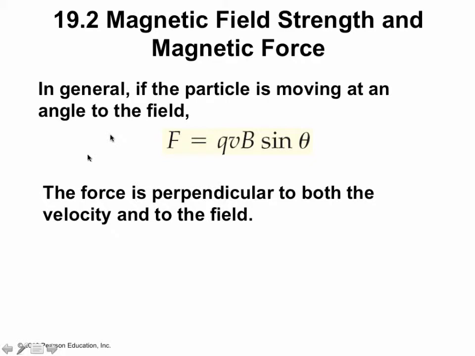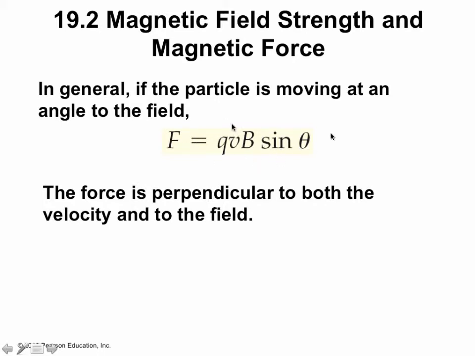Now, it is possible to have an angle between the two, so you can calculate the force by taking the charge of the particle times the velocity of the particle times the magnitude of the magnetic field times sine of theta. Sometimes there may be an angle between the velocity and the magnetic field, and that will be theta.